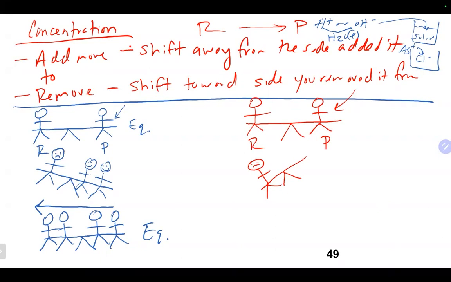To fix this, we need to put more people back on the right-hand side. So in this case, we're actually going to shift towards the side we removed it from. That's going to allow us to come back to equilibrium and make everybody happy once again.